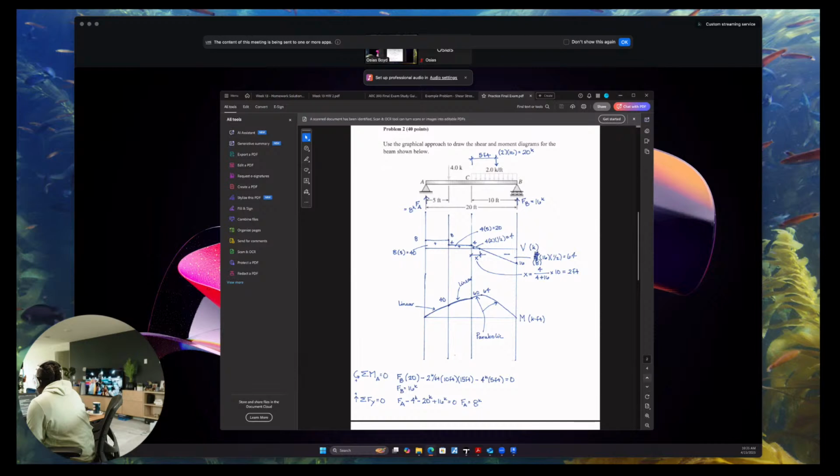So shear equals 4 kips at 10 feet. Now we calculate how much shear drops over a 10-foot span. Drop equals 2 kips per foot times 10, which is 20.